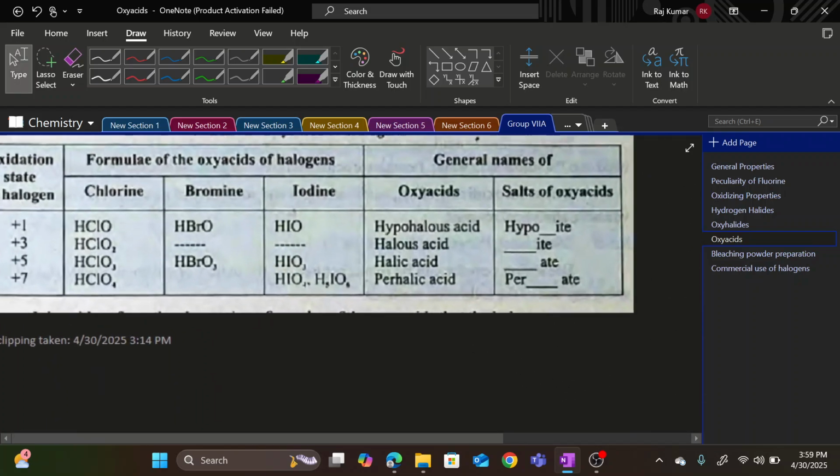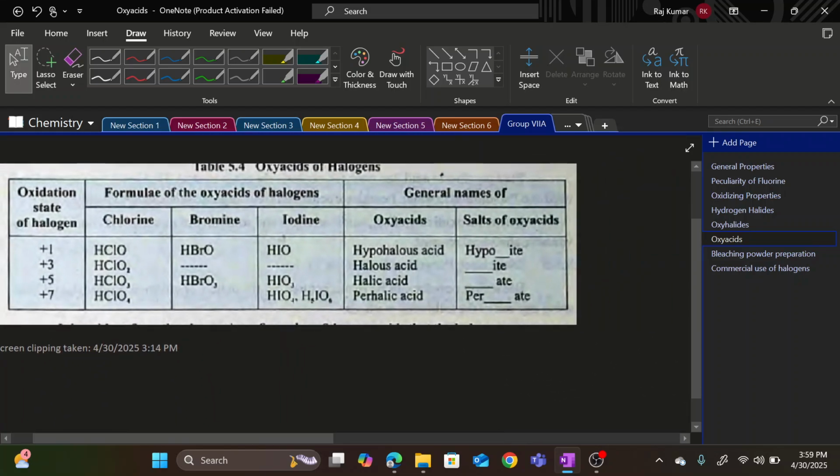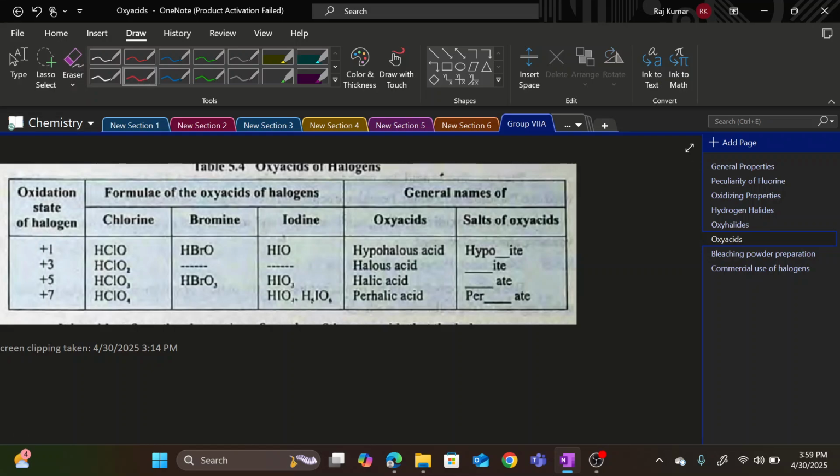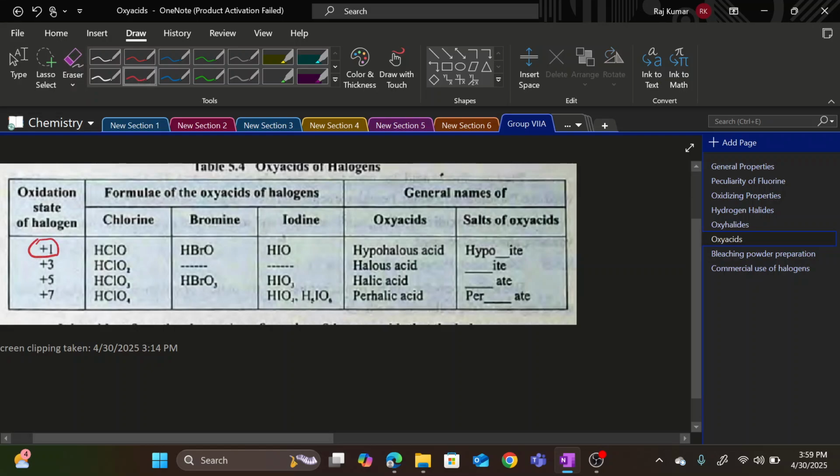Now let's understand the oxy acids through this table. Oxy acids with +1 oxidation state include hypochlorous acid, hypobromous acid, and hypoiodous acid. With +3 oxidation state, it's chlorous acid only.